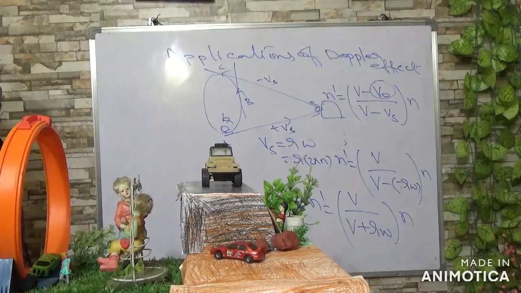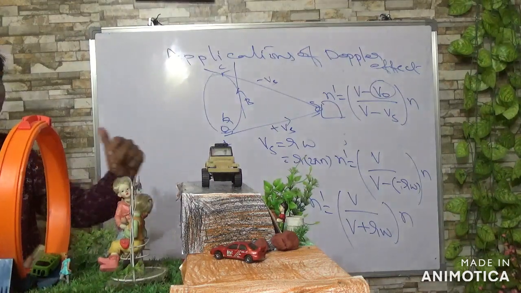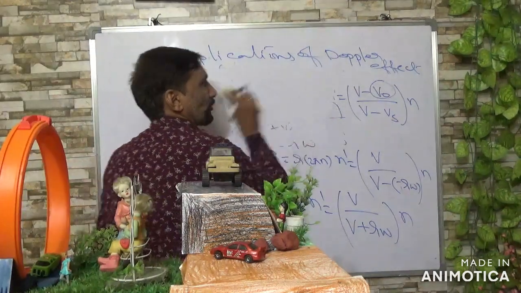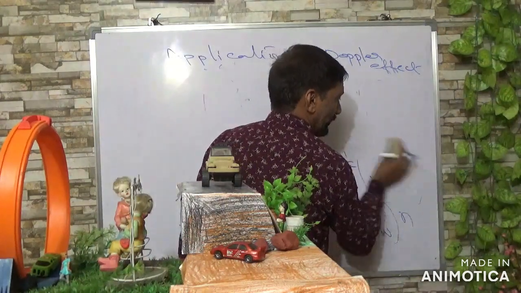When you consider the source on the inclined plane, only the horizontal component contributes to the observer.